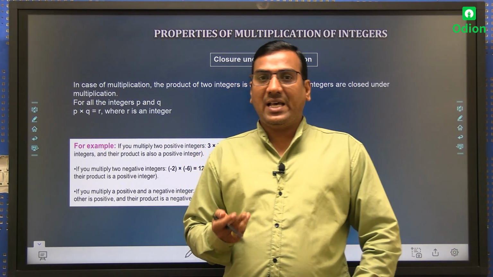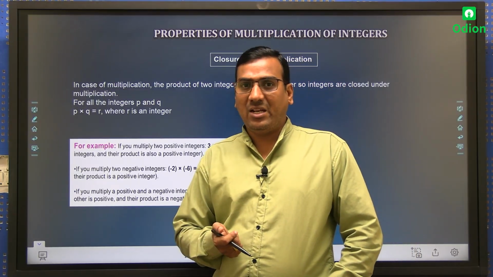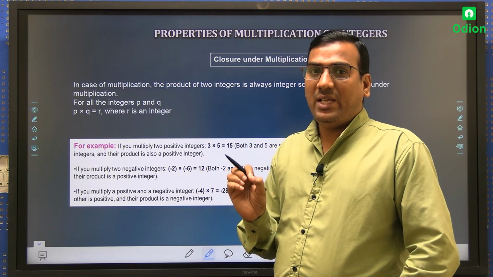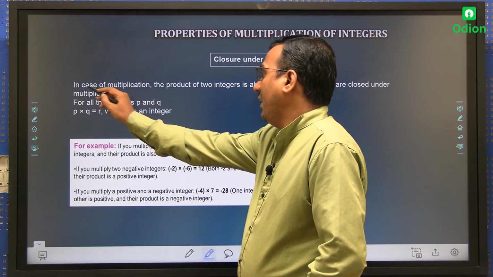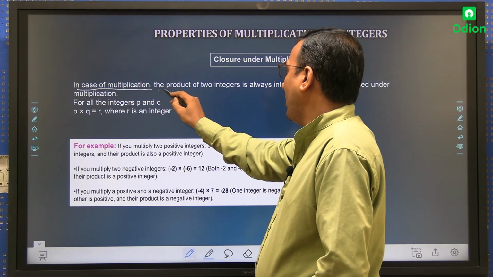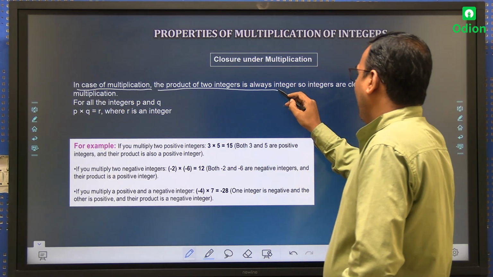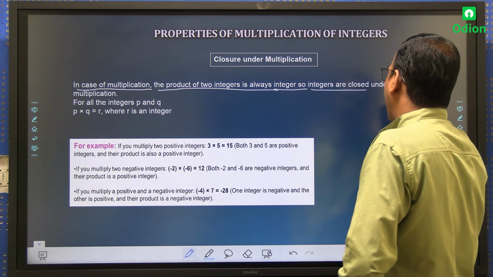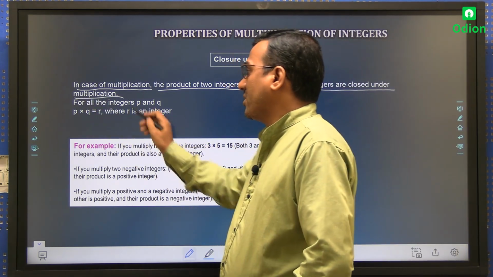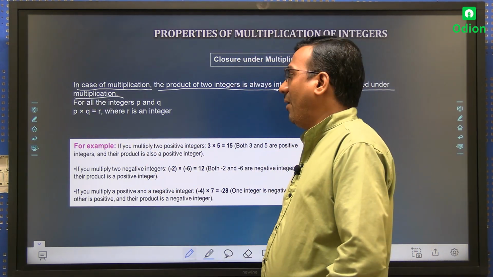There is no chance of getting any rational or irrational number. The answer will always be an integer. In multiplication, the product of two integers is always an integer, so integers are closed under multiplication. This is the first property you have to remember.